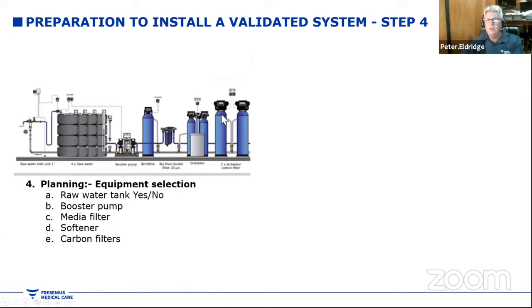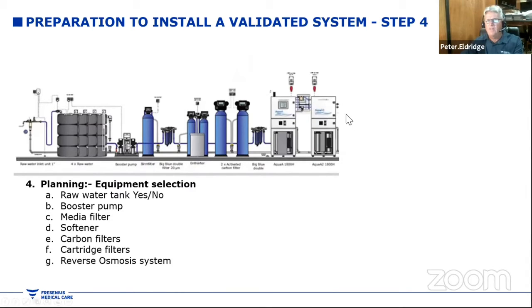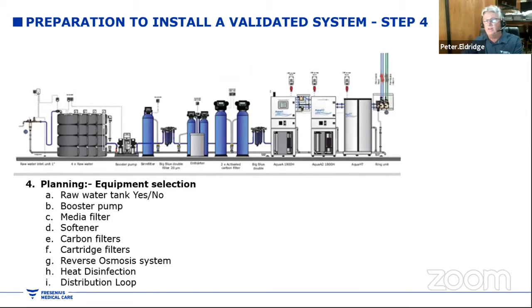Carbon filters, as we know, the ISO says that we should be using 2 carbon filters in series, as the first filter is the worker and the second filter is the backup. We then have cartridge filters, which protects from any fines coming from the carbon filters, or it's the final protection to the membrane from any very small suspended solids. And finally, we have our reverse osmosis system. In this case, we have a dual pass system. We have a hot disinfection system and our distribution loop.